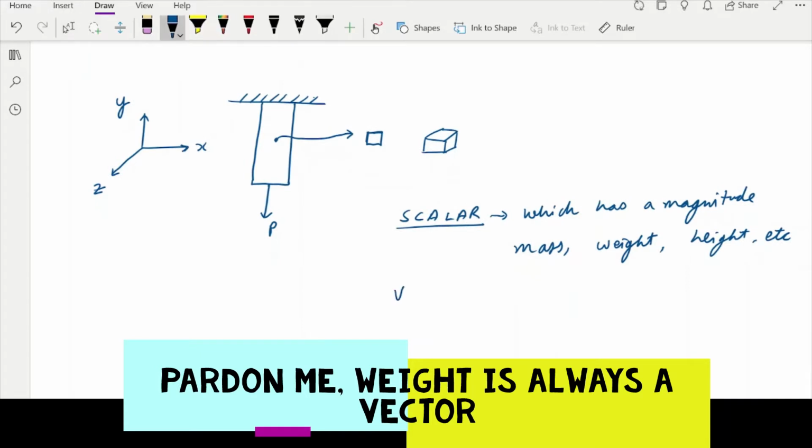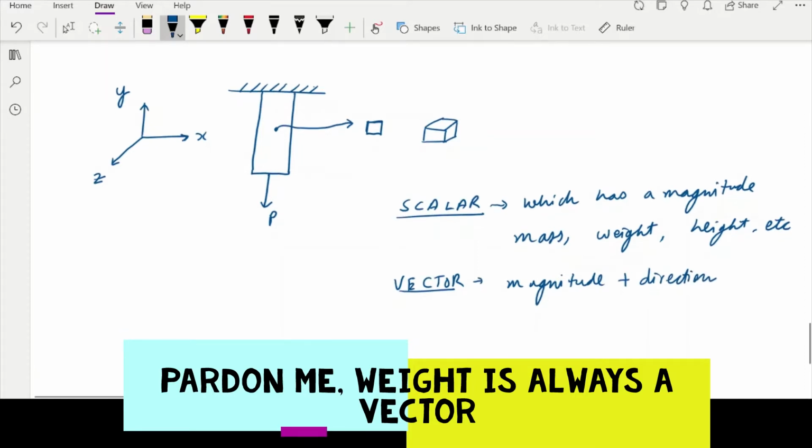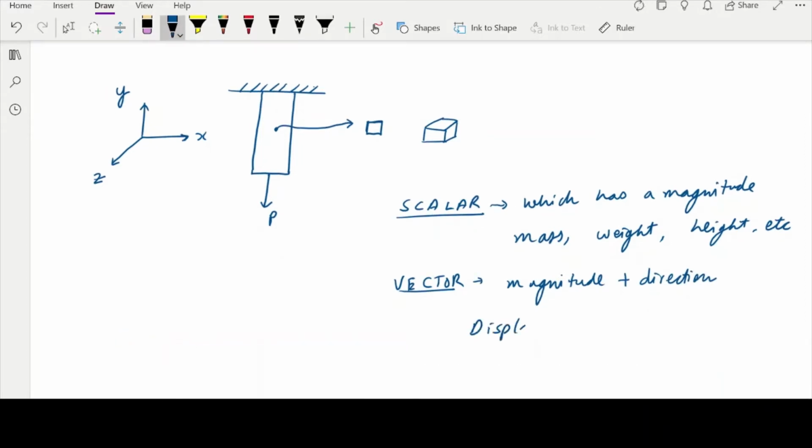And a vector is a quantity which has magnitude as well as direction. Examples are displacement, force, velocity, etc. Now, what is a tensor?